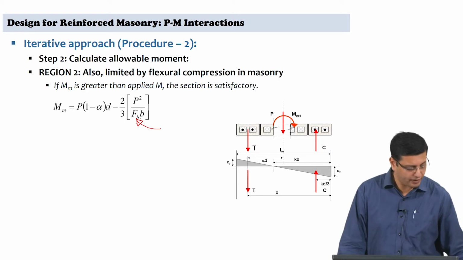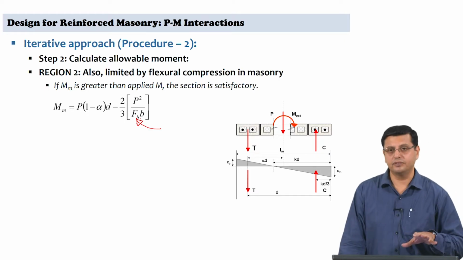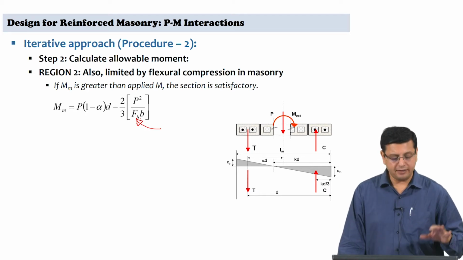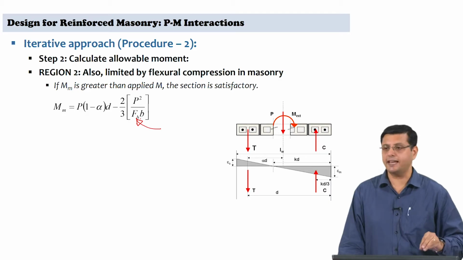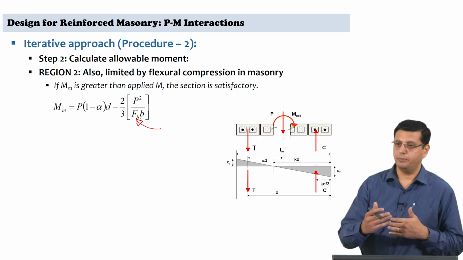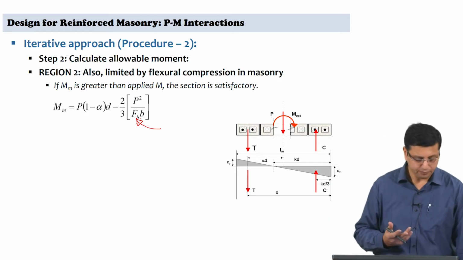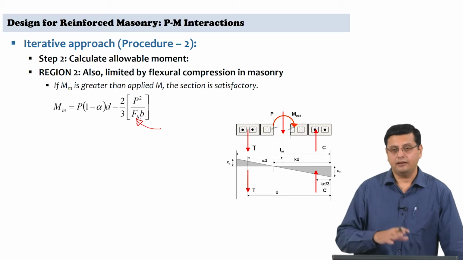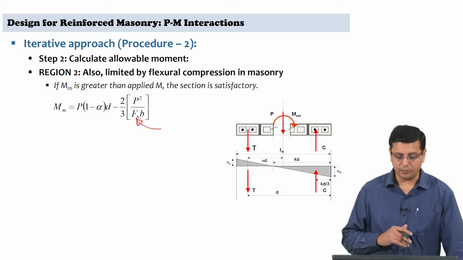So, regions 1 and 2 are simple. You have this expression coming from the linear elastic distribution, and you can check the external moment M against MM, and the wall itself, based on its dimensions, should be able to resist the action of axial force plus bending moment.